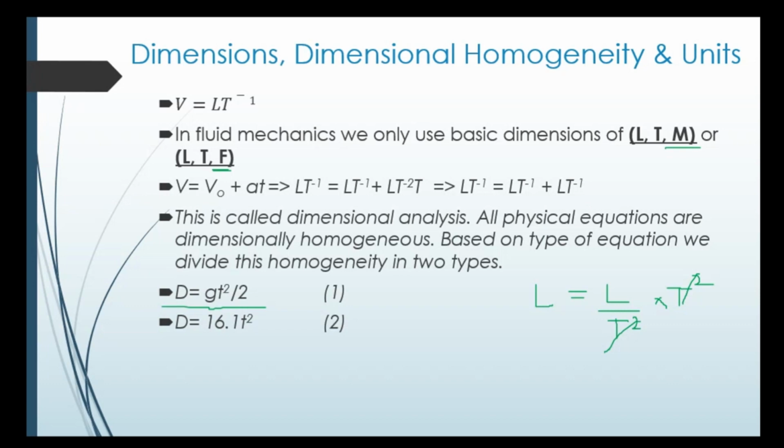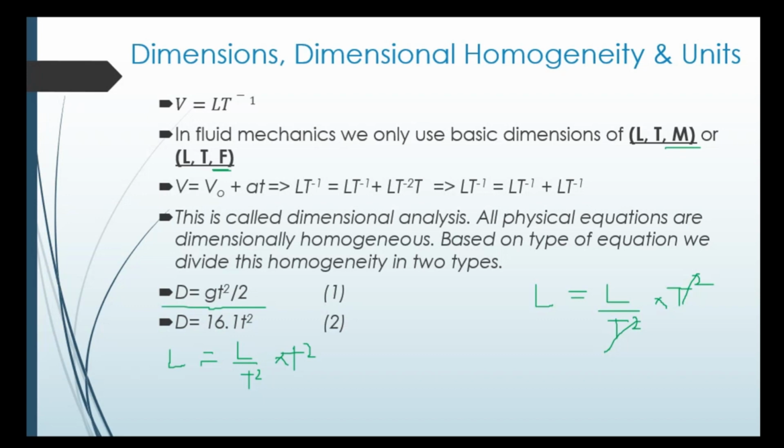Can you prove it? If I choose length, 16.1 is length by time square into time square. Again, it is homogeneous, but as long as I am using general dimensions.